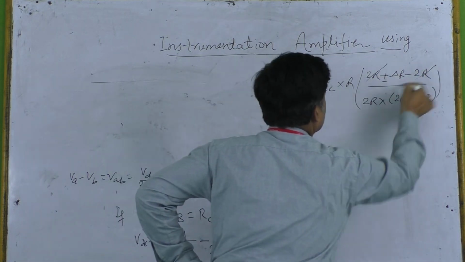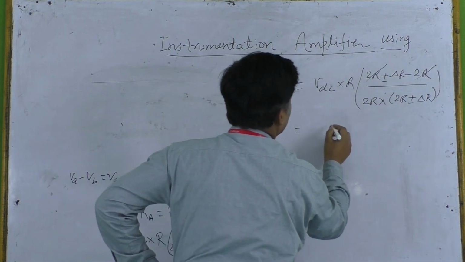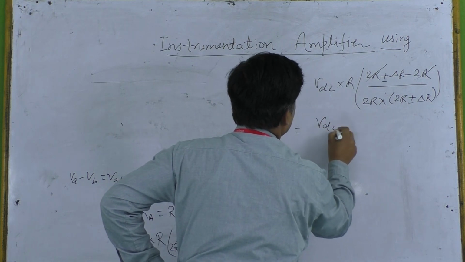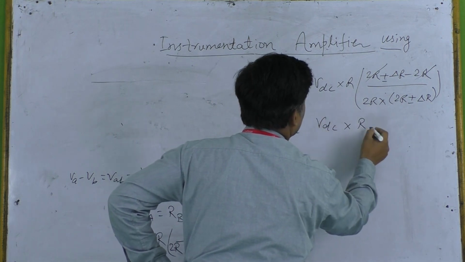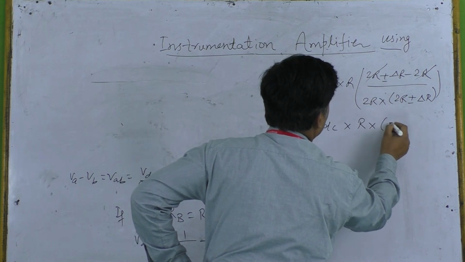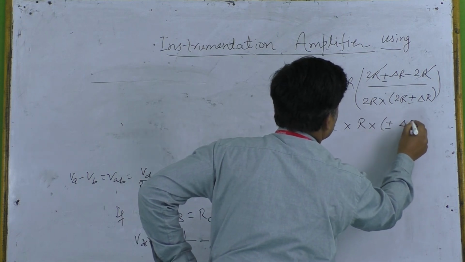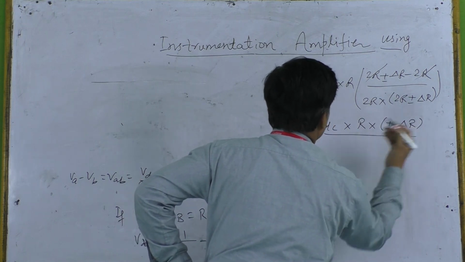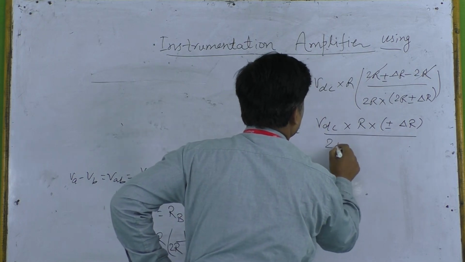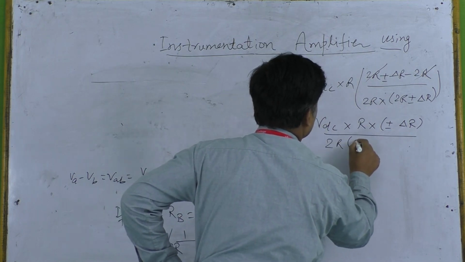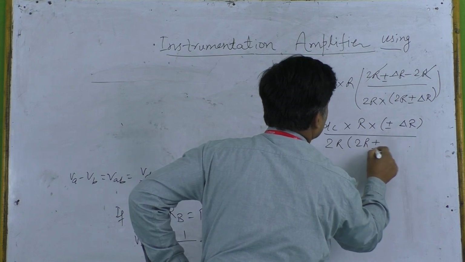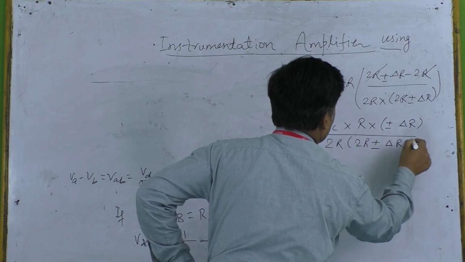So this will get cancelled. Ultimately you will get VDC multiplied by R into plus minus this delta R divided by twice R into twice R plus minus delta R.